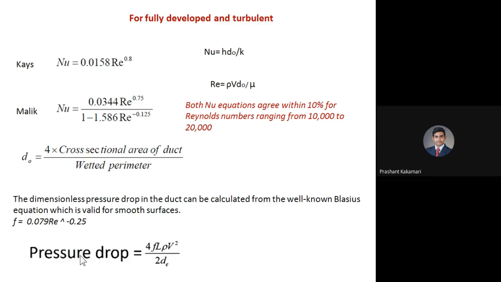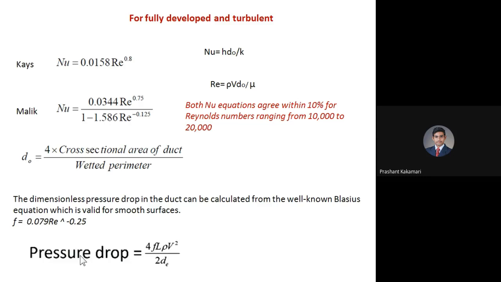Or if it is a duct of air, one can consider D naught as the characteristic length or characteristic diameter, not area. K is the thermal conductivity of the given material.